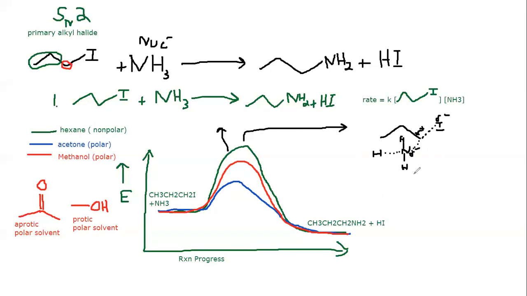So that's why it prefers using an aprotic polar solvent, so there's no interaction between the solvent and the nucleophile. So if you had to do an SN2 reaction, it would be preferred to use an aprotic polar solvent like acetone, DMF, DMSO, and THF.